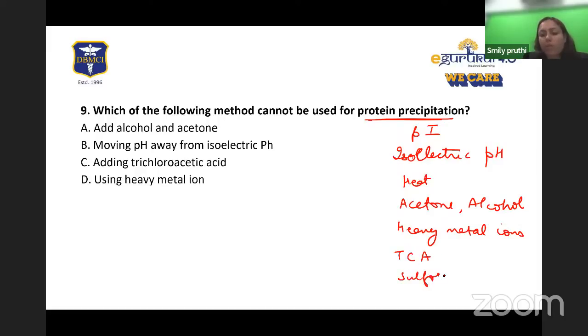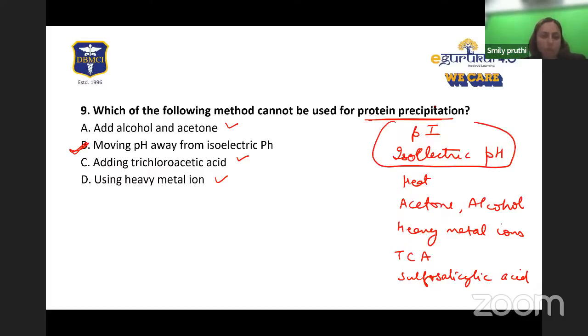Also sulfosalicylic acid can be used for protein precipitation, right? So first option, alcohol and acetone, that is correct. Trichloroacetic acid and metal ion, they can be used. But moving pH away from isoelectric pH will give some charge to the protein. And at isoelectric pH, there is no charge. That's why precipitation occurs. Okay, so answer is this.